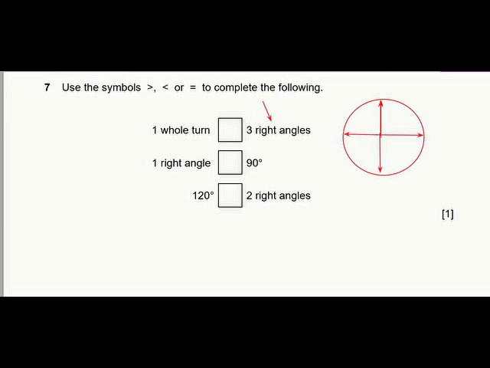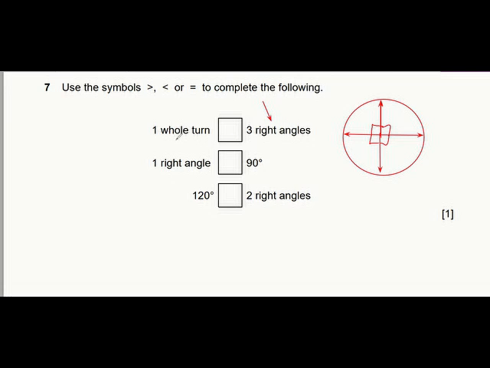So excuse me for not being super demanding with this, but I just want to make it clear. Over here we have 90 degrees, and there is 1 angle. So 2 right angles, 3 right angles, and 4 right angles. How many right angles?